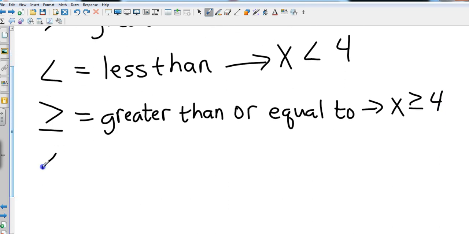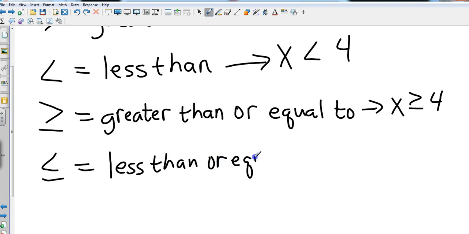And then we'll finish this off with less than or equal to. And so that would be x is less than or equal to 4.